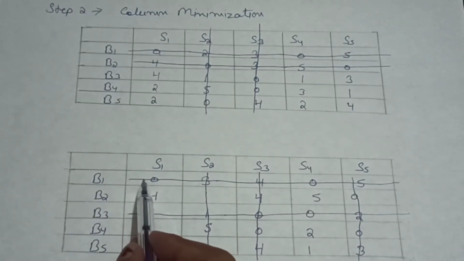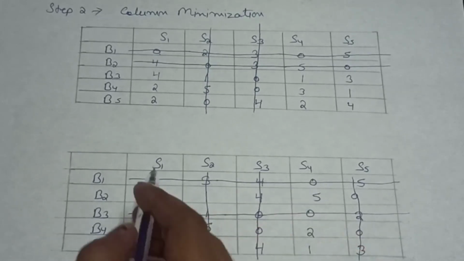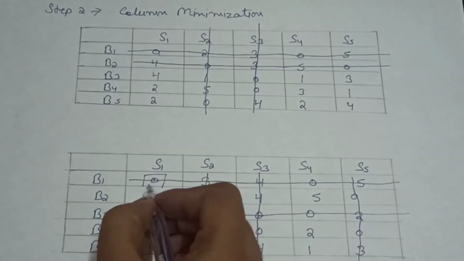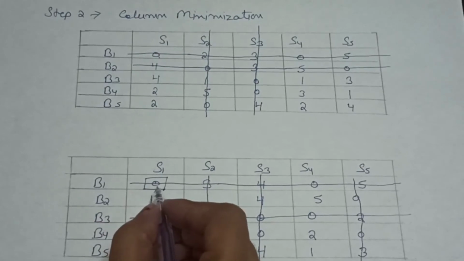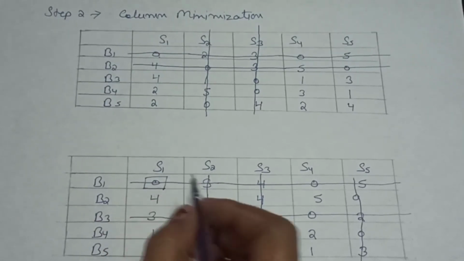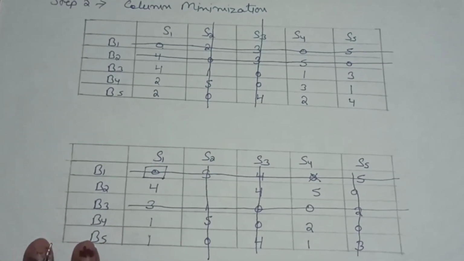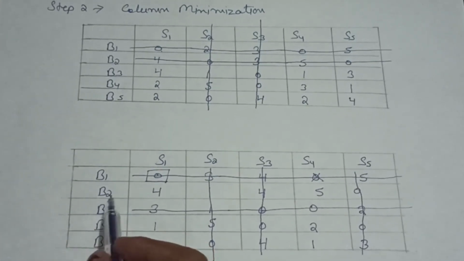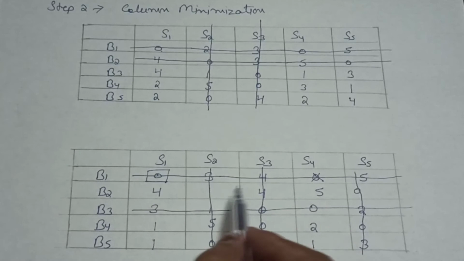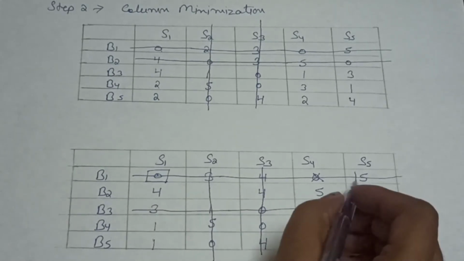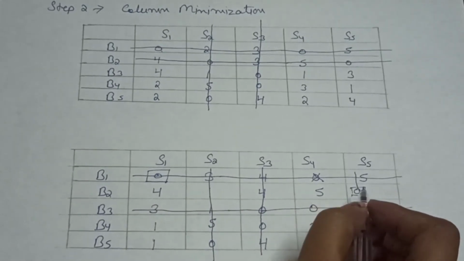First of all, with our first row, in this cell we have 0. So in this line we can select this cell. If we select this 0, then we can't select this. Now with the second row, here we have one 0. So we will select this 0.